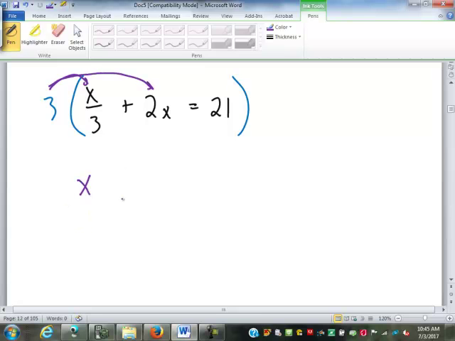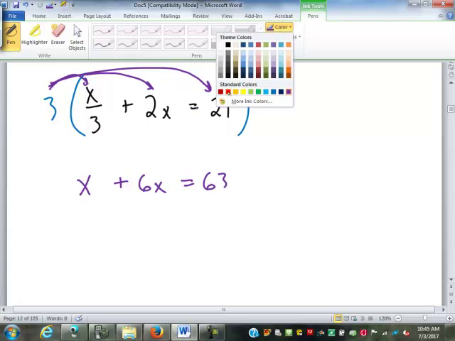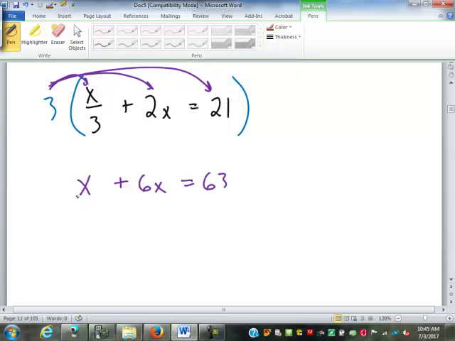3 times 2x, a positive 6x. Don't forget my equal sign. 3 times 21, 63. x and 6x make 7x. Good.